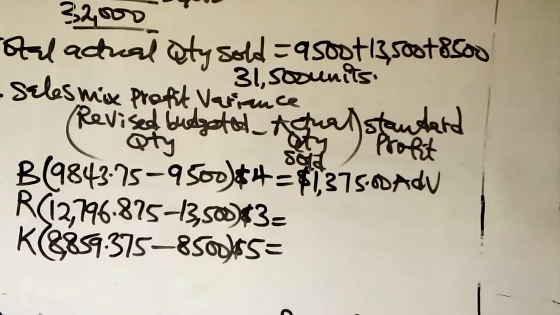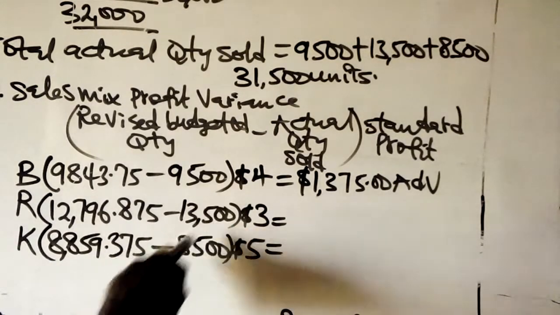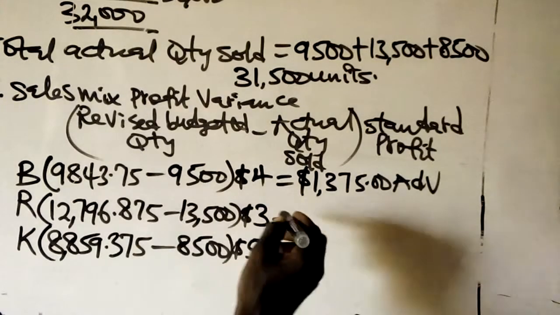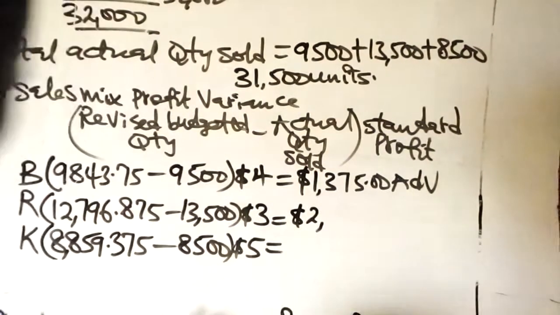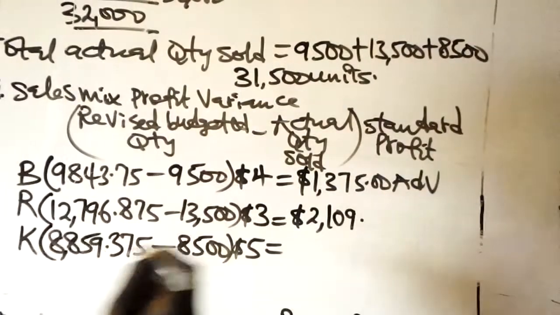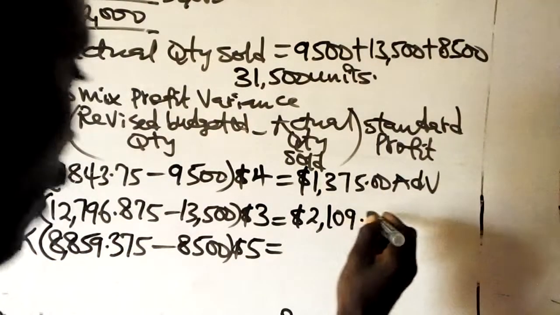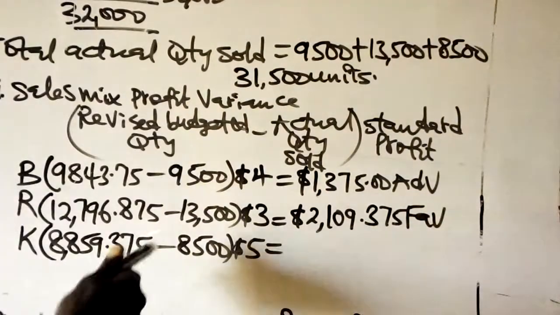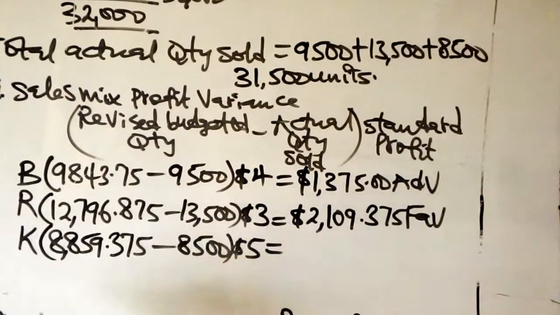It's an adverse variance. For R, 12,796.875 minus 13,500, then multiply by 3, you have 2,109.375, and this is favorable because the actual is more than planned.